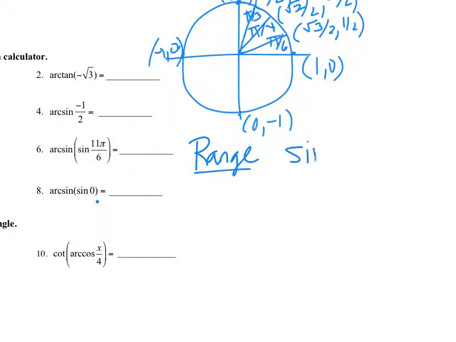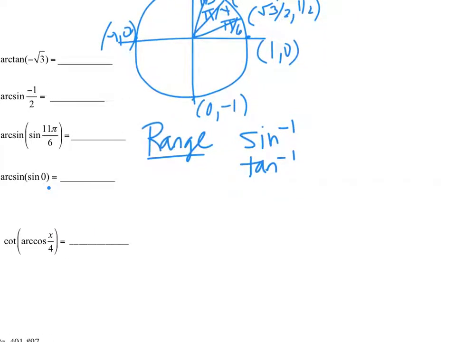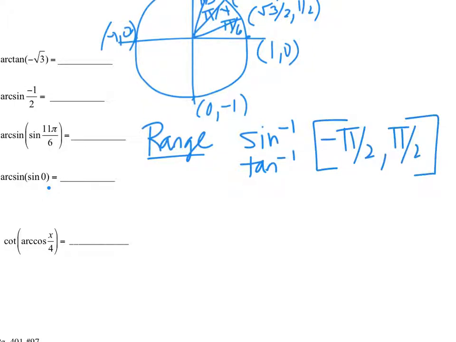So for sine inverse and tangent inverse, which is arctan and arcsine, same thing, just a different way to say them, the range is going to be -pi/2 to pi/2.